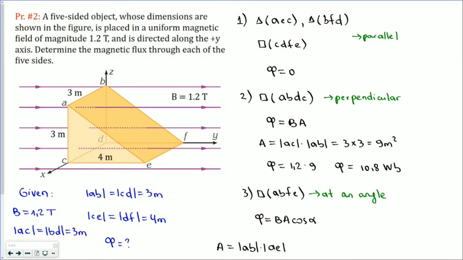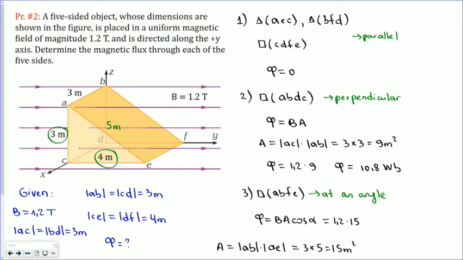And from the Pythagorean theorem we can find AE. This is 3, 4, and the hypotenuse will be 5. So the area of this surface is 3 times 5, 15 meters squared, and the flux will be 1.2 multiplied by 15 and cosine alpha.